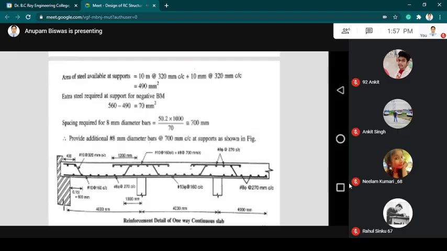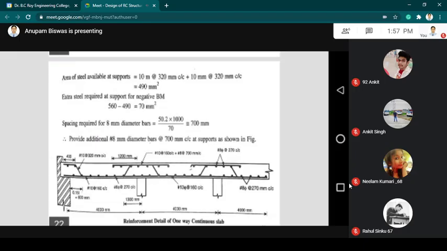So tension main steel is provided: 50% of the 10 mm bars are provided center to center, and the 8 mm distribution bar is provided at a distance of 270 center to center. Again, the same bar is bent up and taken upwards at the compression zone.